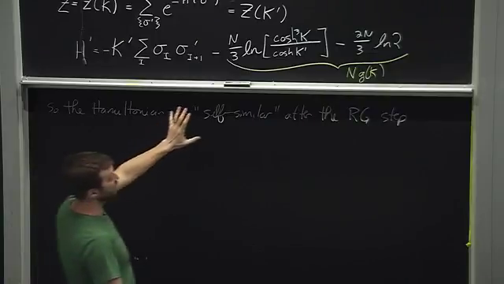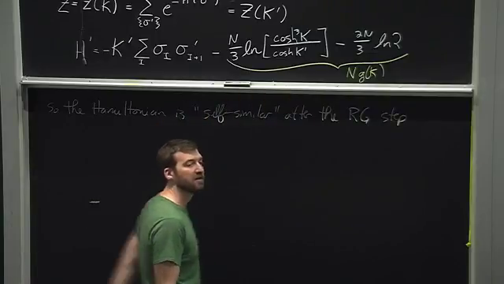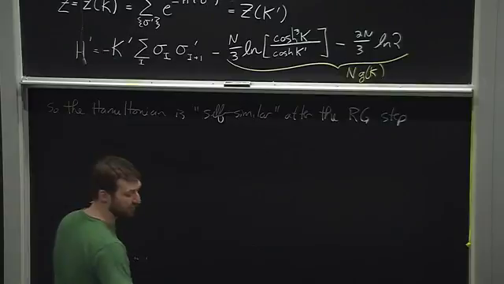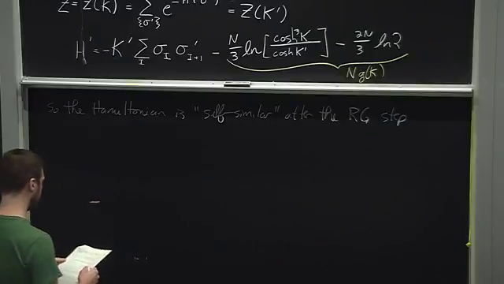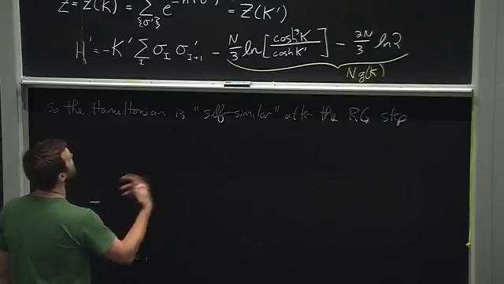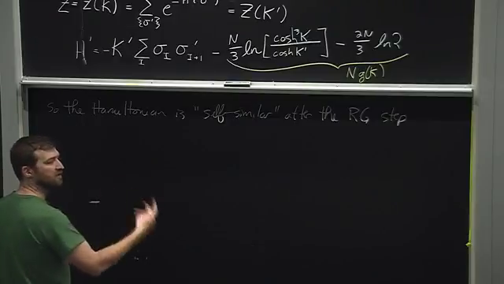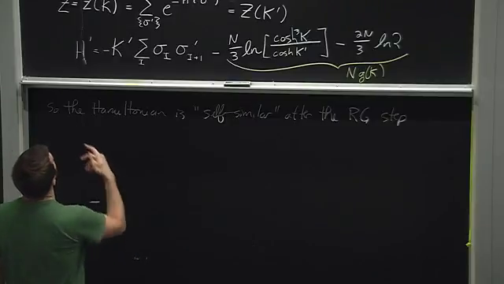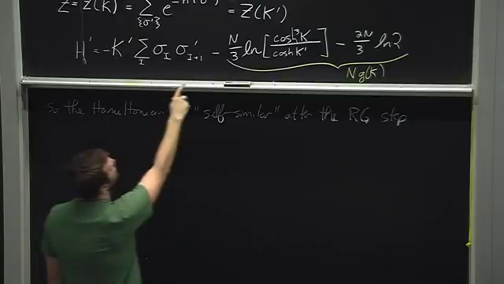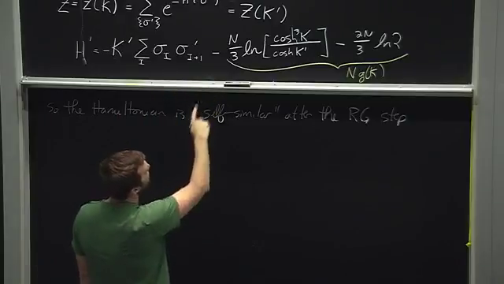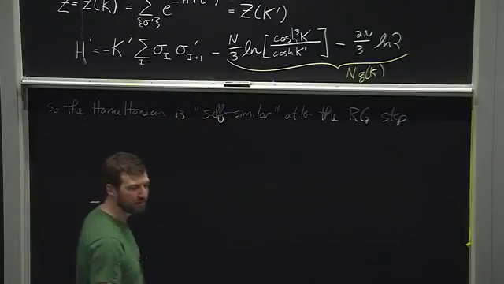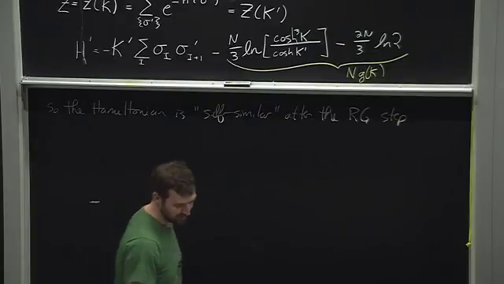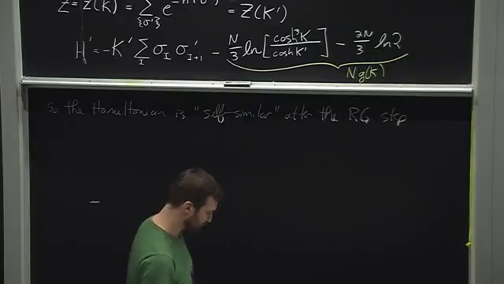These short wavelength degrees of freedom, or these parts that come from the lattice transformations, don't matter. So you can imagine pulling that out and redoing this again and again. So we've done K to K prime. We could do K prime to K double prime, and K double prime to K triple prime, and so on.